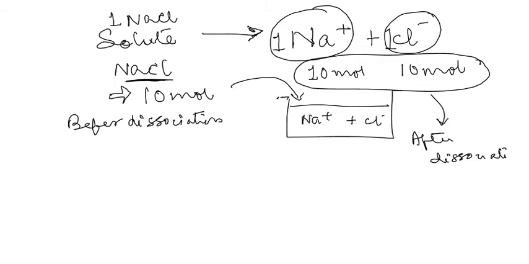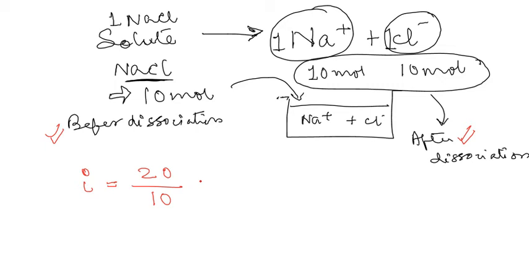Okay, so van 't Hoff produced a formula which compared the number of particles after dissociation to the number before dissociation. After dissociation it is 20 and before dissociation it is 10.